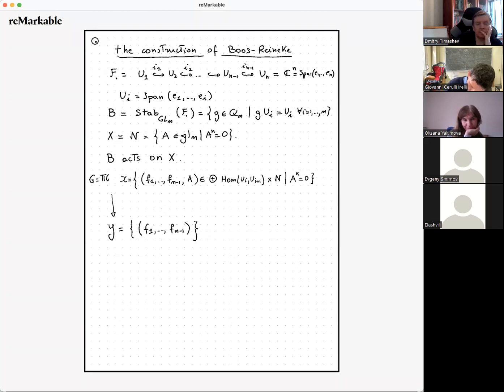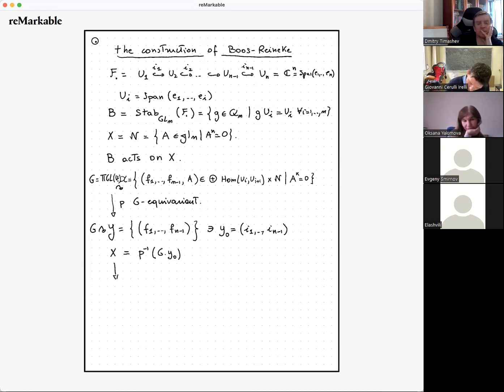So the product of GL(Ui) acts on X by change of basis, and G acts here, and the projection map is G-equivariant. And now look at a special point here, Y0, which is the collection of the inclusions I1, ..., I(N-1). And let X be the fiber over Y0, over the orbit of Y0.